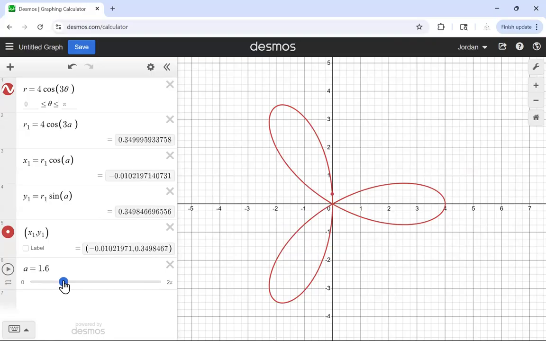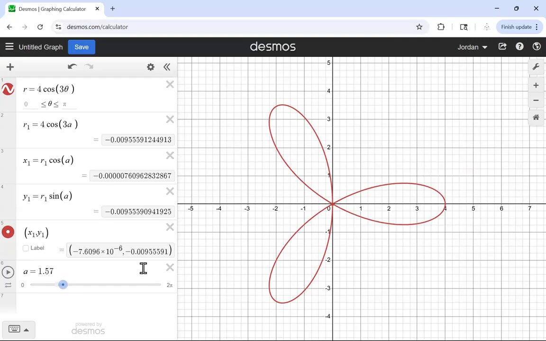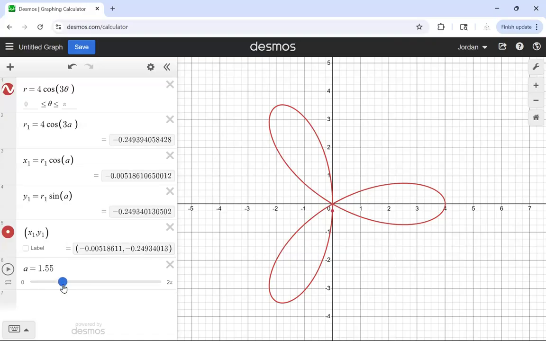And when the theta comes back about somewhere close to 1.57, then we hit that origin again. So I just have to figure out, what do I think the angles are going to be? Well, 1.57 is about pi over 2. 0.54, or roughly there, 0.53, I guess. That's closer to pi over 6.